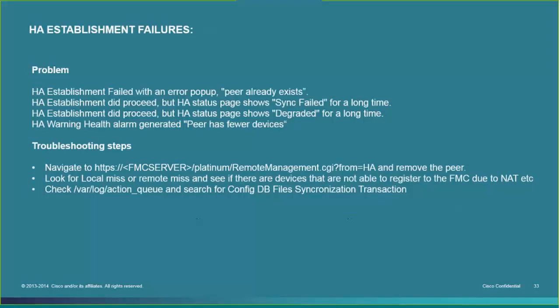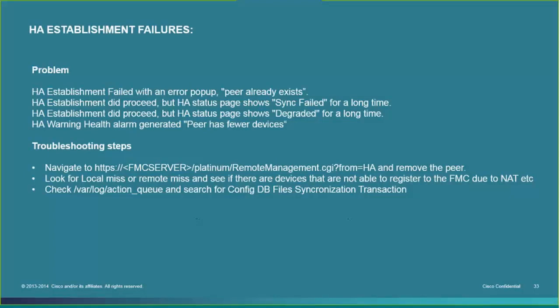So the other FMC unit does not have the same number of sensors registered as the active or primary FMC unit. This might mostly be due to communication. We would check the connectivity, and if a NAT ID is required, we would input those details on the standby FMC and fix this issue by troubleshooting the connectivity.